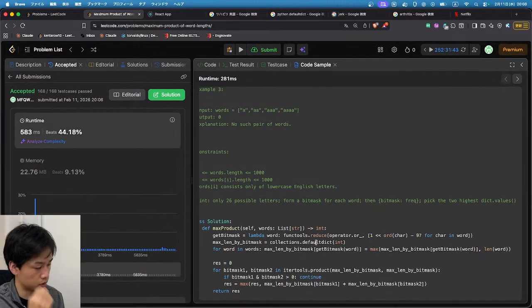Get bit mask and default dict int, words word. Get bit mask. I see.